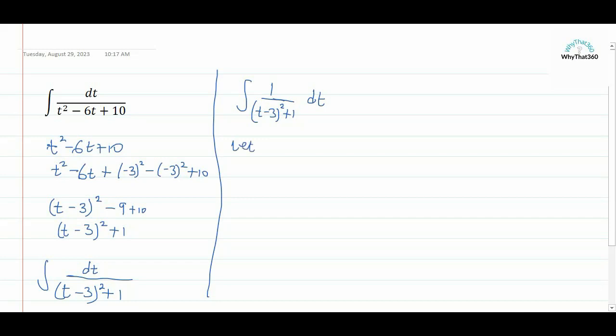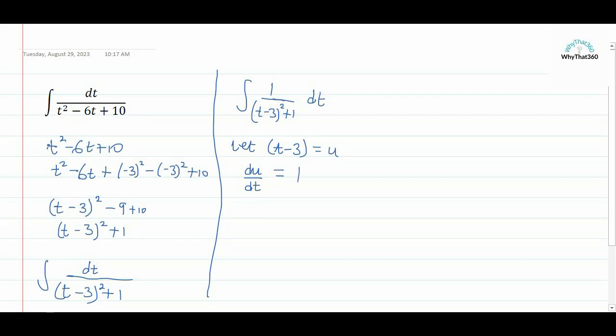We are going to let t minus 3 be equal to a variable u. At this point we find du dt, and that will be equal to 1.